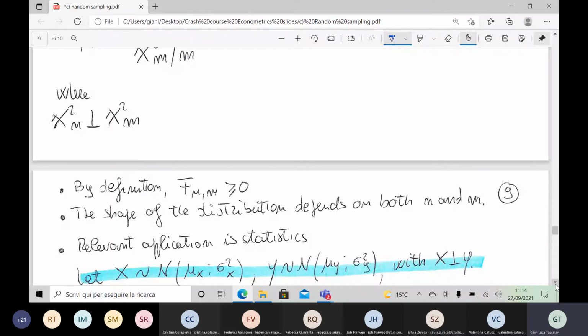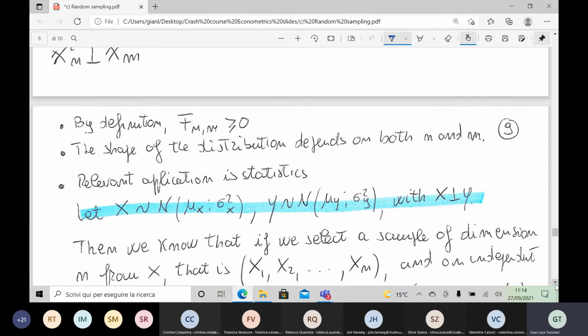We have a random variable X, and we assume that this random variable X follows a normal distribution with mean mu X and variance sigma square X. I called it X because in this case I had two variables. And then you have another population or random variable Y that follows also a normal distribution with mean mu Y and variance sigma square Y. And we assume also that X and Y are independent. So the two populations are independent.